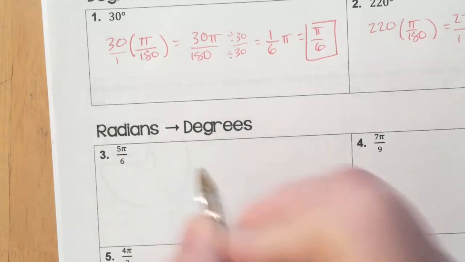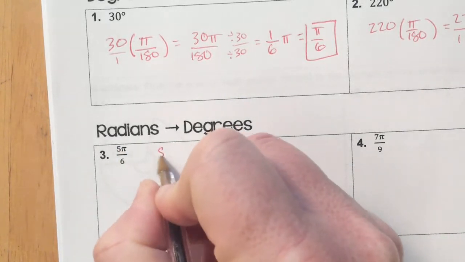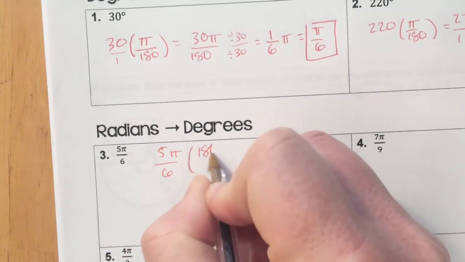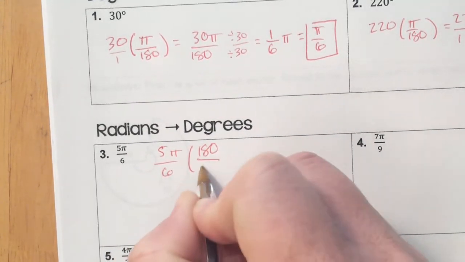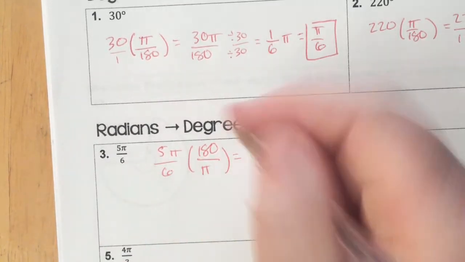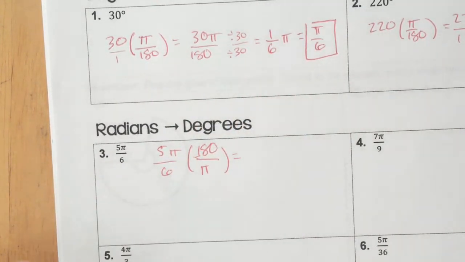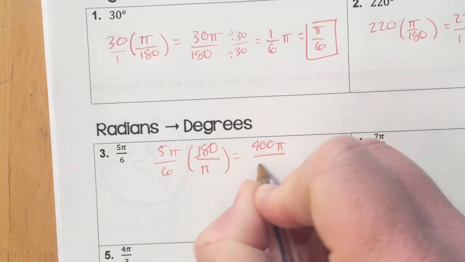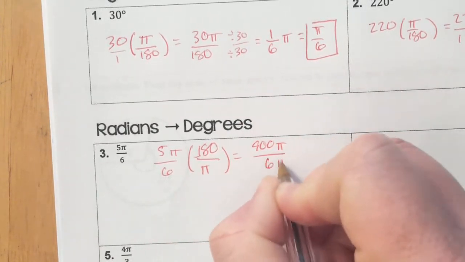So 5 pi over 6. We want degrees, so 180 degrees. We want to get rid of the pi. So you just need to multiply straight across. So 180 times 5, we get 900 pi over 6 times pi is 6 pi.